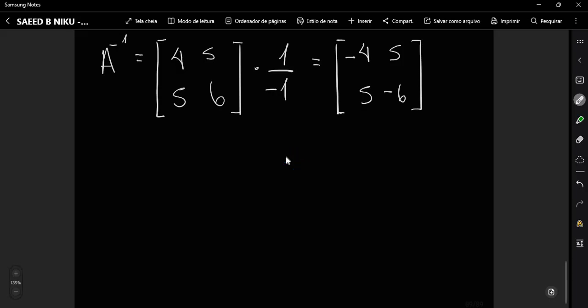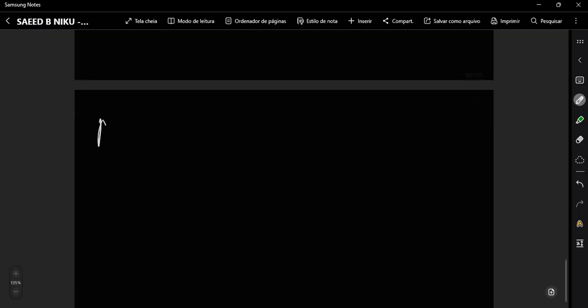Now let's do a proof by taking the product between the original matrix and the inverse that we have just found. If our calculations are correct, we must obtain the identity.